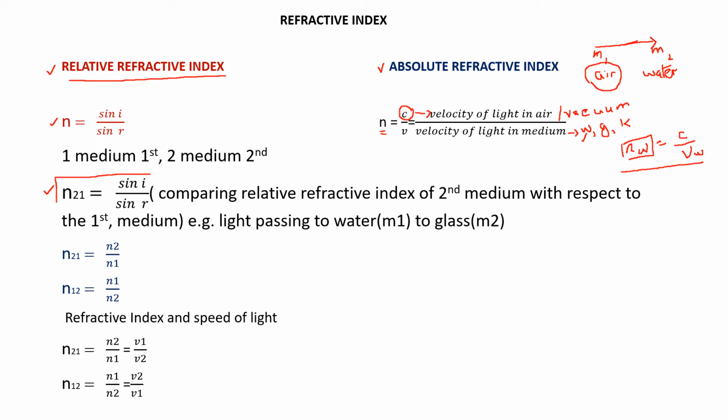So how are we going to go? This is medium 1 and medium 2. Let's say medium 1 is water and medium 2 is glass.